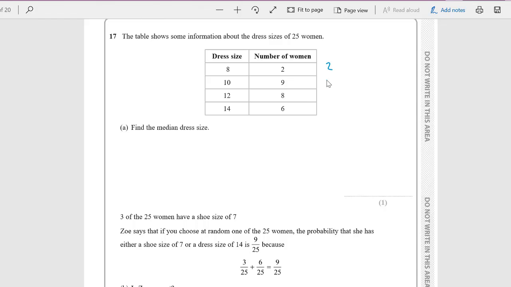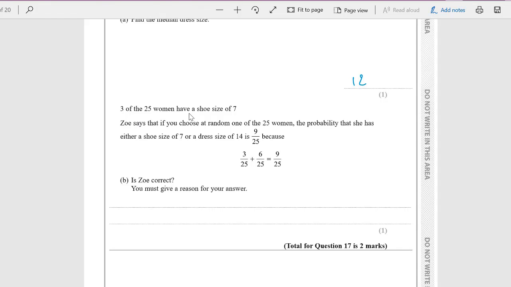So 2, 11, 19, and 25. And then it will be the middle, so the 13th number. So that number will be here. That's the 11th one, and then it'll be 8. So the median dress size is 12.